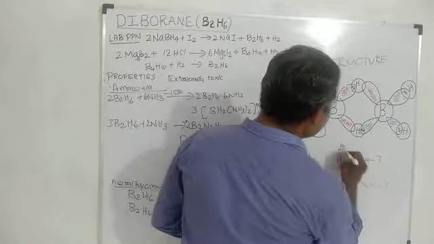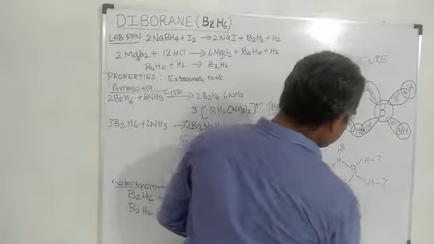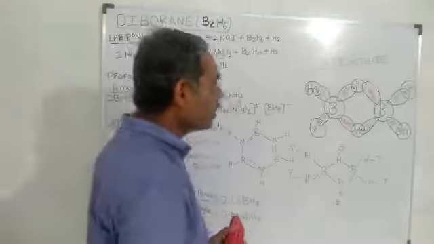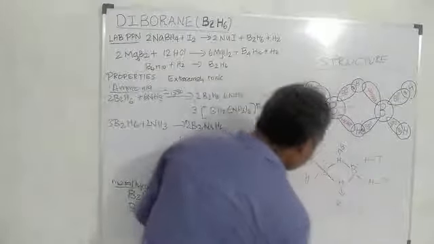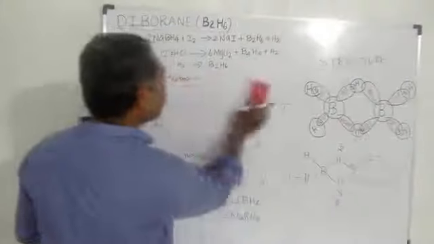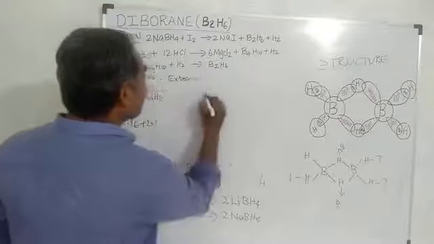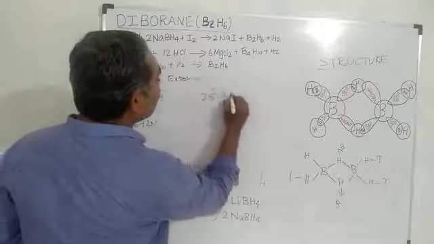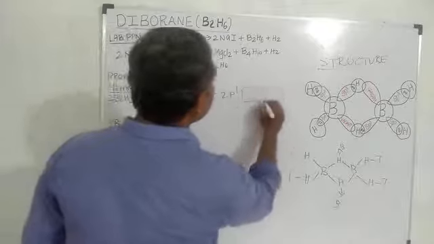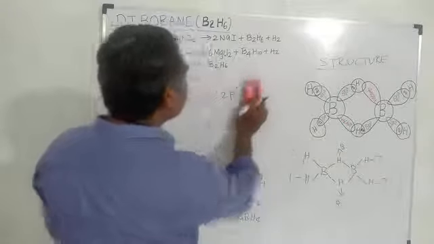This hydrogen is called bridged hydrogen. If you take boron, it is 2s2 2p1.